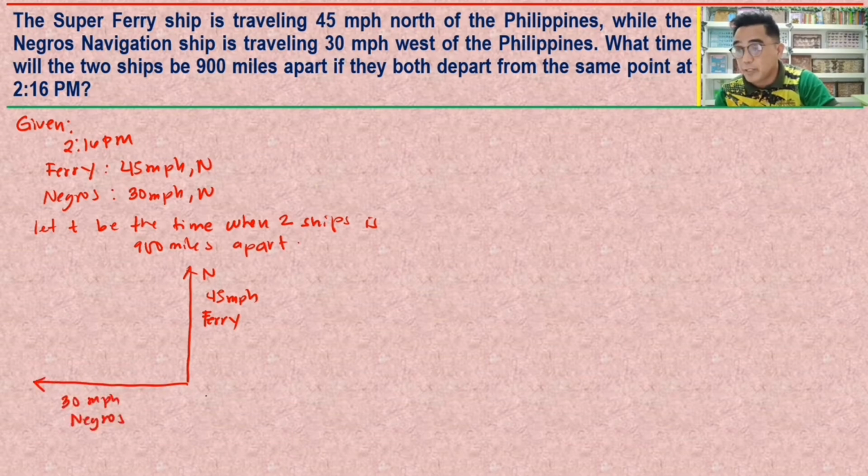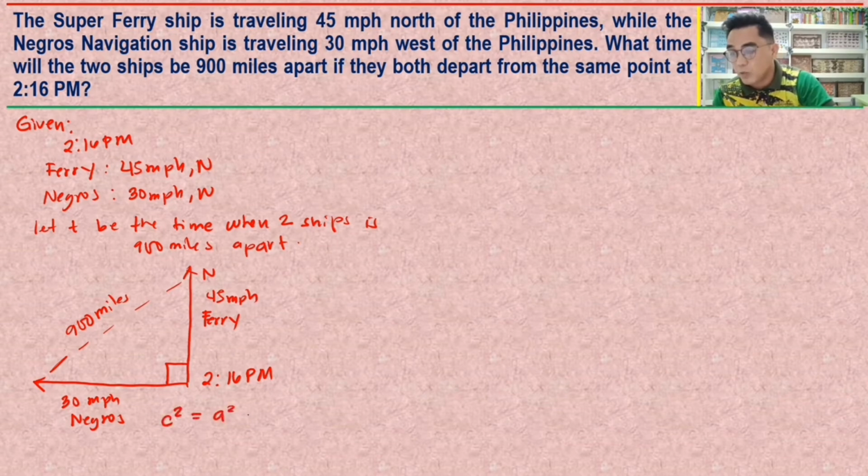These two ships started their journey at 2:16 p.m. After a certain time, the two ships will be 900 miles apart. Definitely, this figure will show us that we can apply the Pythagorean theorem, which states that c squared equals a squared plus b squared.